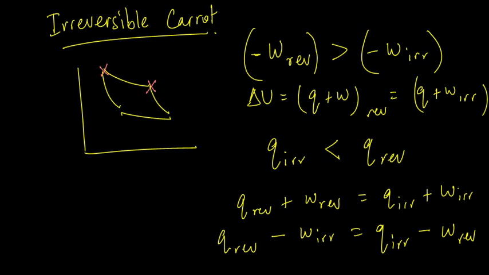Why? So delta U is equal to Q plus W. Now then only I have got it.